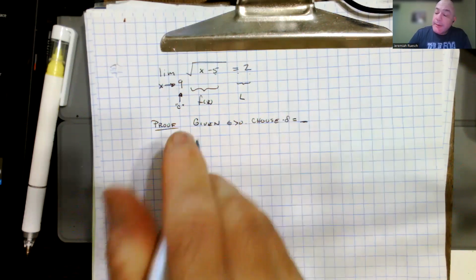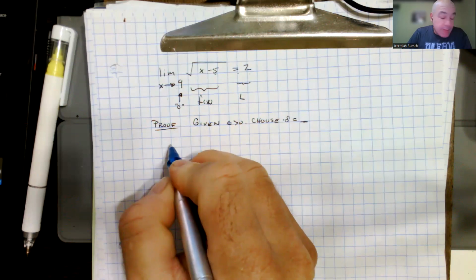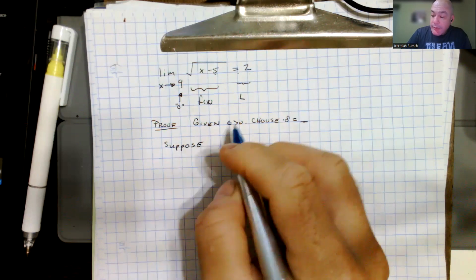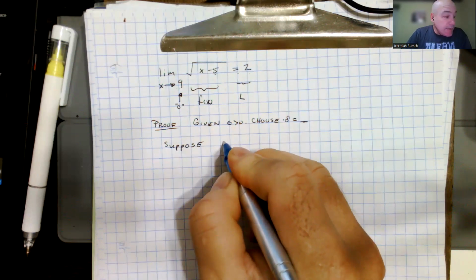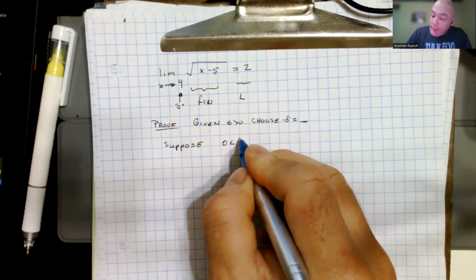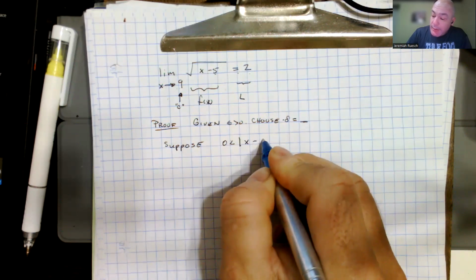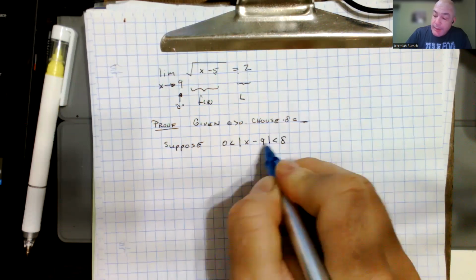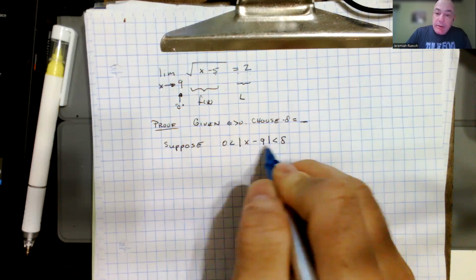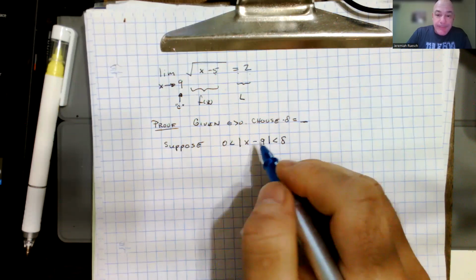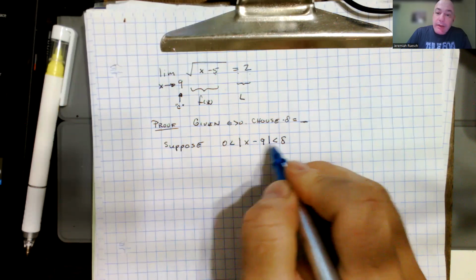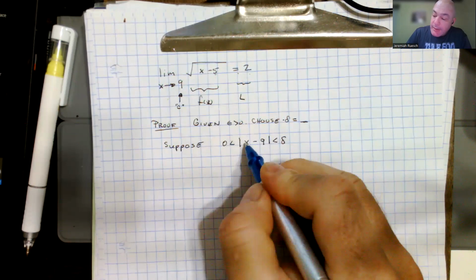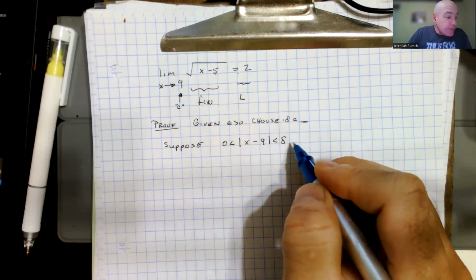So suppose that we have 0 is less than the absolute value of x minus 9 is less than delta. This is the formal statement of the definition of the limit. This is the wiggling in the distance around the x value at which we're taking the limit, x minus c. Suppose that that's true.